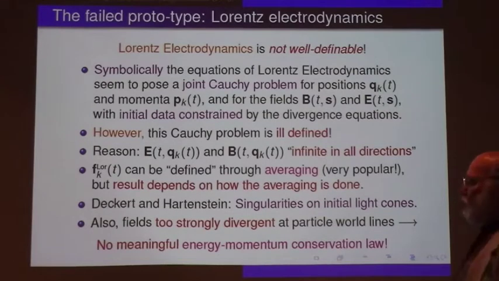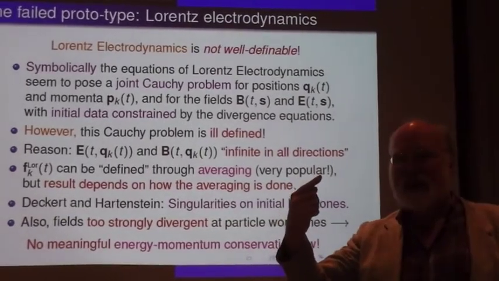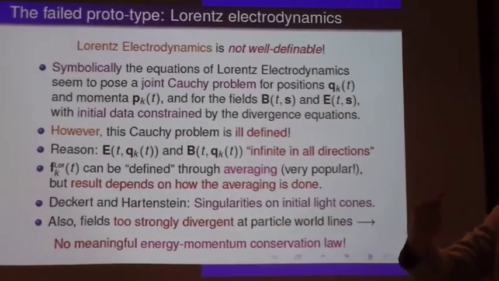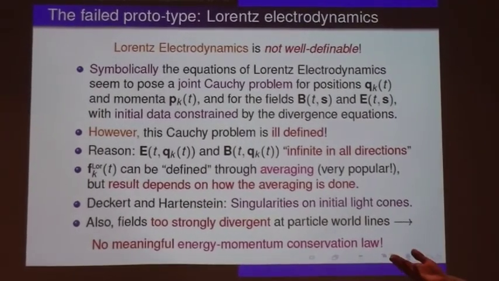But worse, recently Deckert and Hartenstein showed that typically singularities will propagate along the forward light cones of the initial positions of the particles, and as soon as another particle meets the forward light cone of another particle, right, then they meet the singularities there, and then the evolution breaks down.